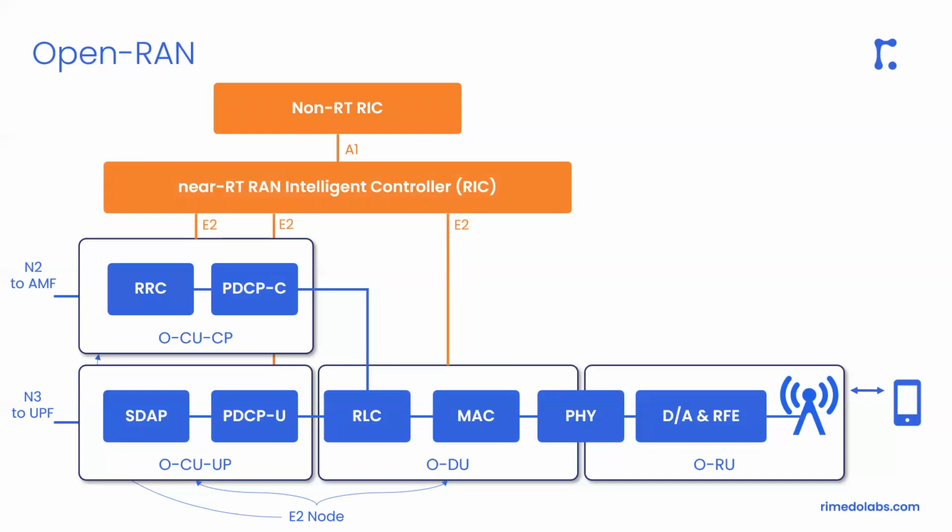Near-real-time RIC operates and optimizes the functionality in the actual base station elements in near real time, so larger than 10 milliseconds, so several hundreds or tens of milliseconds, whereas we still have the real-time control with the scheduling being part of the O-DU, with also power control, with modulation coding scheme adaptation, with beamforming operation.